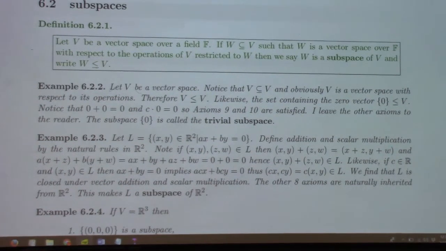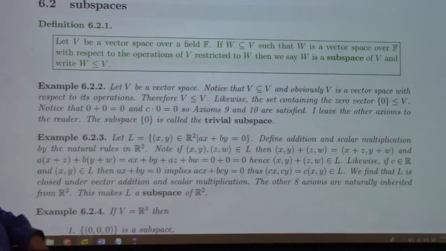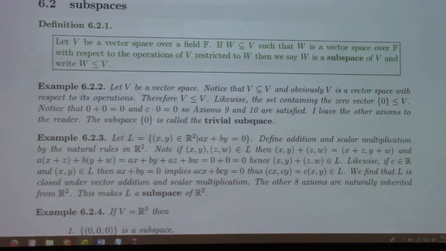All right. So a stupid example of a subspace would be V as a subset of itself, right? And V is a vector space if V is a vector space, so V is a subspace of a vector space V. Yay.